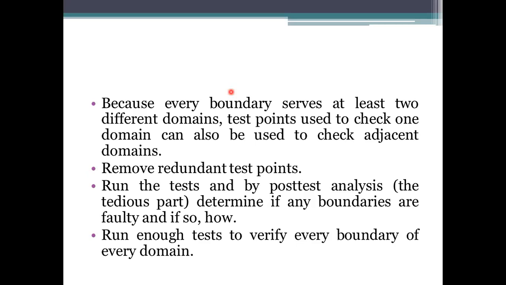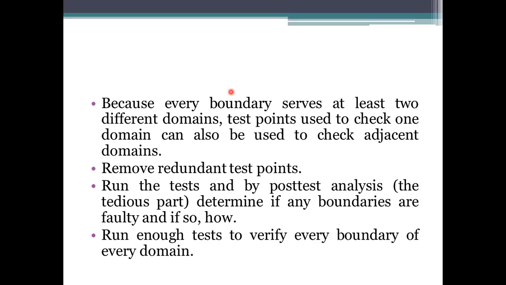Any redundant test points are being considered. After that, we need to analyze the data, and then perform the test on that representation. By running enough tests, we will specify that each and every boundary for that variable is considered a correct one.